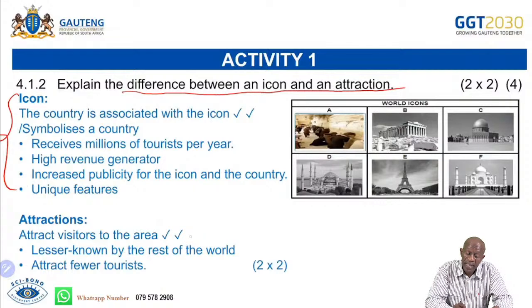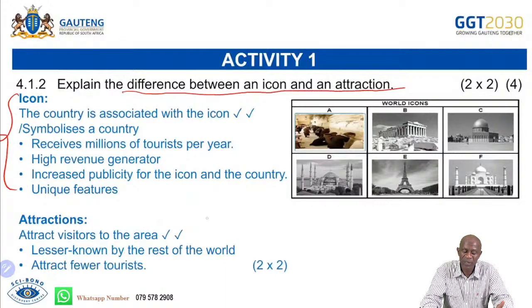So coming to an attraction, it attracts visitors to the area. It may be an icon, it may not be. So an example here, Table Mountain attracts visitors. The Kruger National Park does attract visitors, and all those are regarded as attractions, not icons. It is lesser known by the rest of the world.